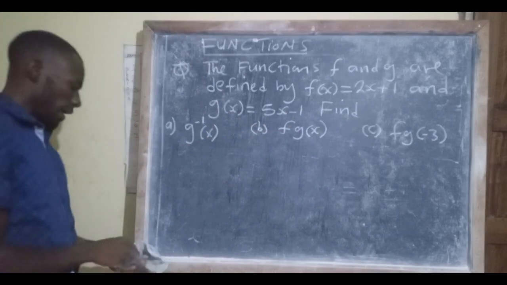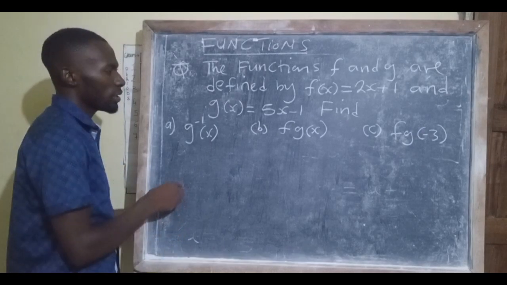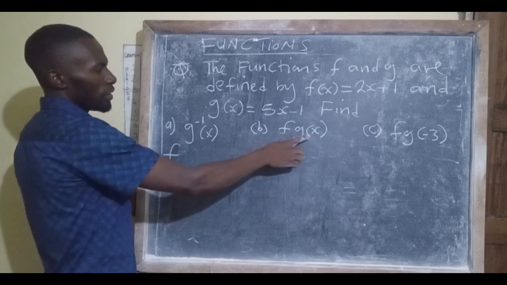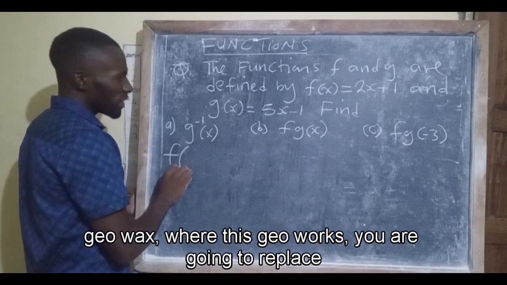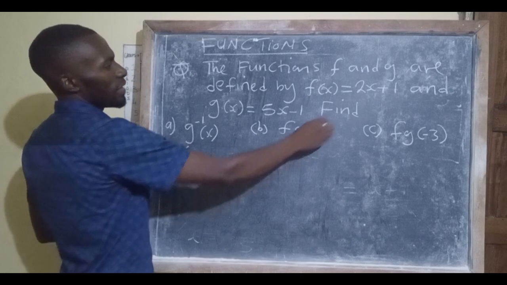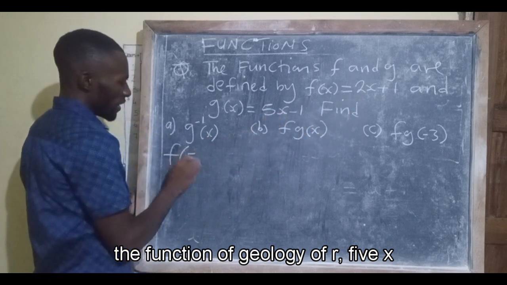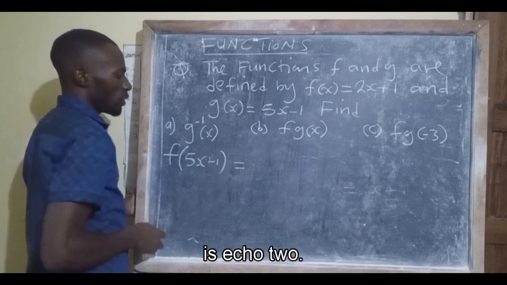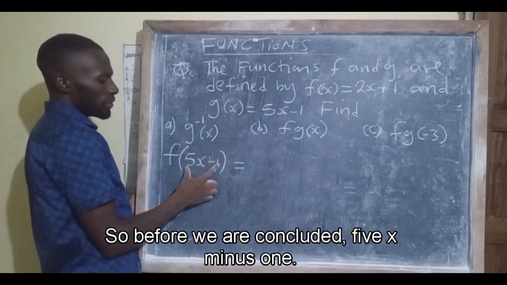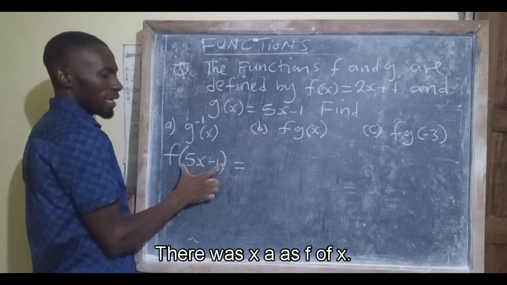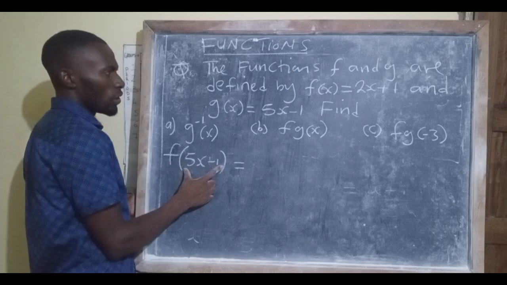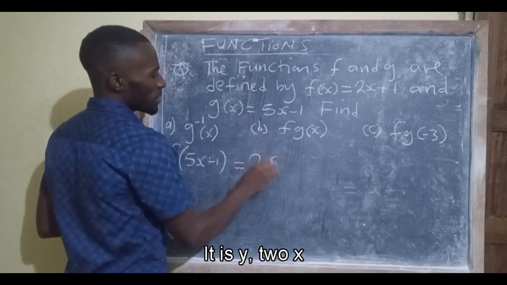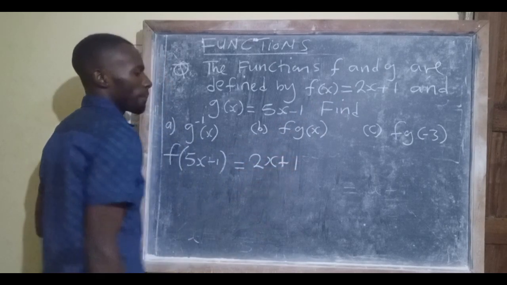So when you are solving this question, f of g of x, where there is g of x, you are going to replace it with the function g of x, which is 5x minus 1. Before we had included 5x minus 1, there was x here as f of x. So what is that function of f of x? It is 2x plus 1.